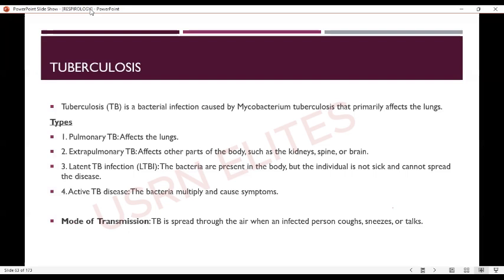It can lock it somewhere to the point that it cannot spread to attack you. This is when you become latent TB. You have been exposed to the bacteria and inhaled it, but because your immune system is strong, after the inflammatory process and the release of immune granulomas, they were able to capture the bacteria and prevent it from spreading. So it becomes what?